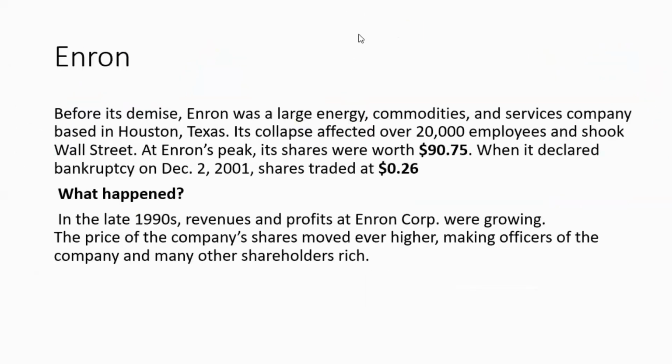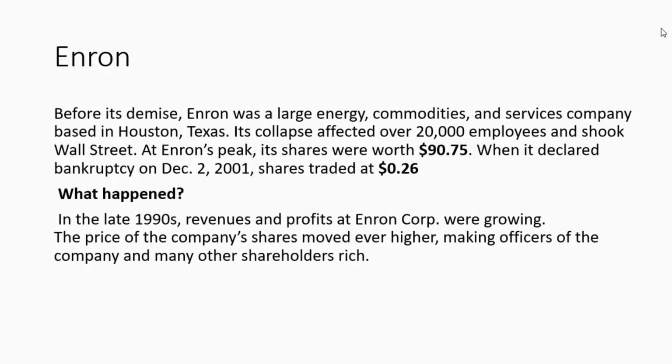Now Enron. We are off to Enron now. So let's talk about what kind of company Enron was before. Enron was a large energy, commodities, and services company based in Houston, Texas. And what was surprising was that at Enron's peak, shares were $90.75 each.